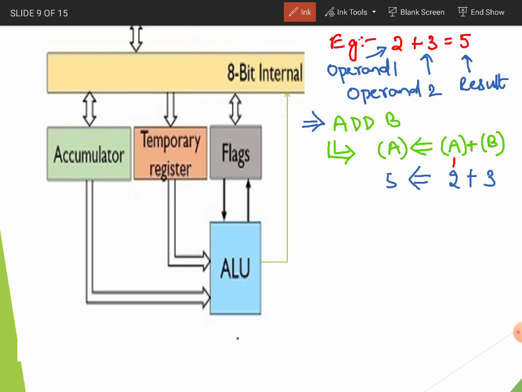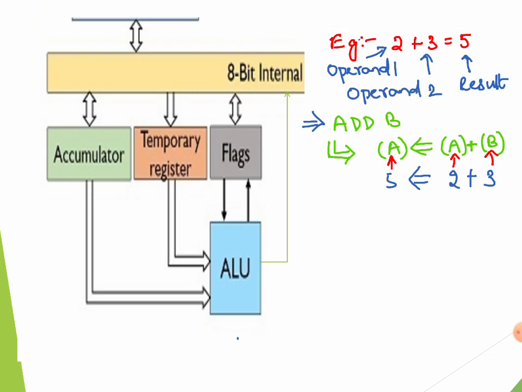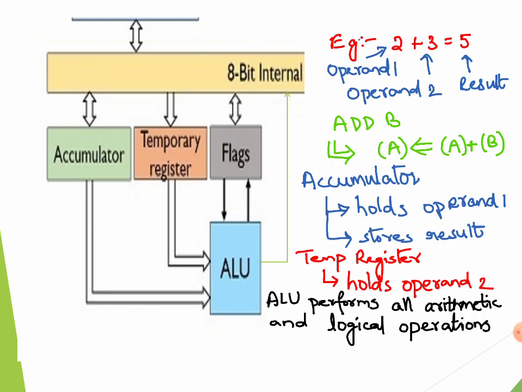So first place this 2 here, 3 in the B register, and the result will be seen in the accumulator register. Now the point to be understood here is that the accumulator holds operand 1 as well as it stores the result, and the temporary register holds operand 2.